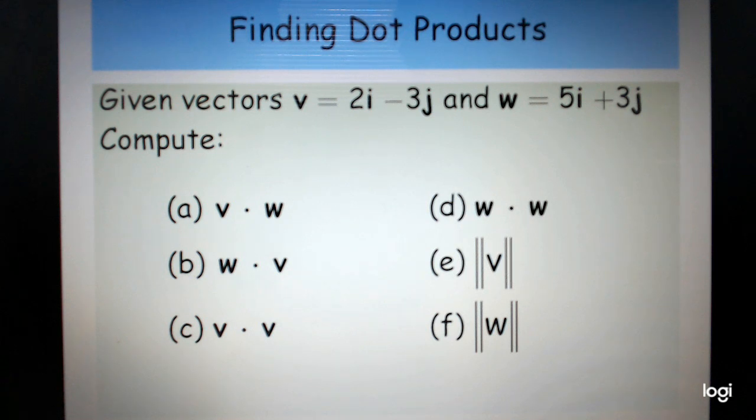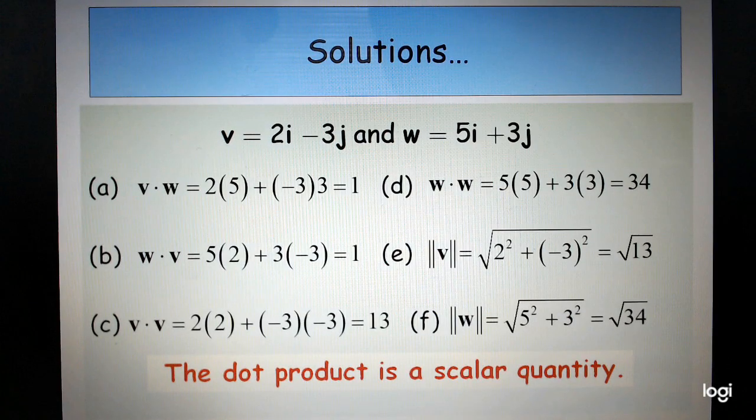First approach, well, I guess you can do a few of these mentally, but the first one, v dot w, is 2 times 5, and then plus negative 3 times positive 3. So 2 times 5 is 10, and negative 3 times positive 3 is negative 9, and combining them, we get a total of 1. Okay, so this is how it works.